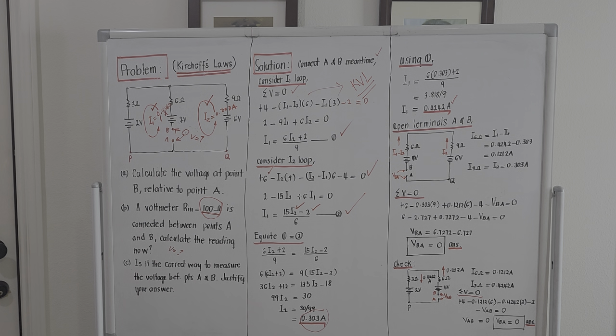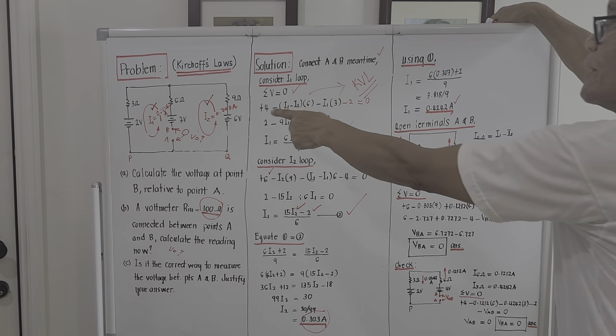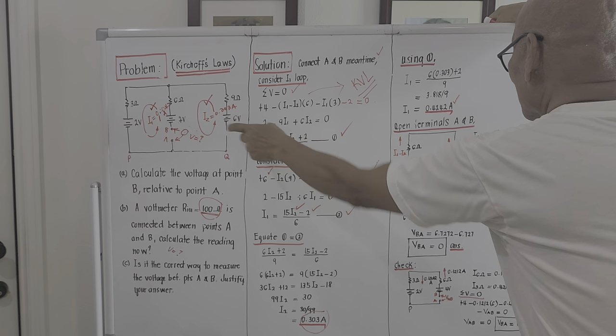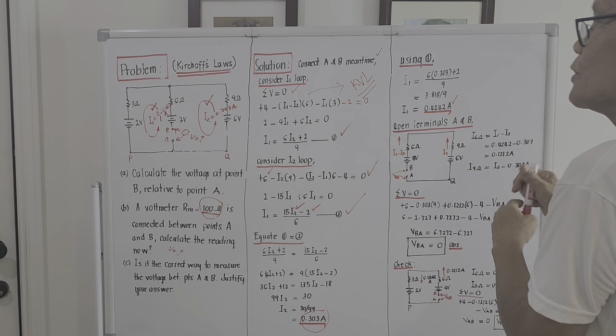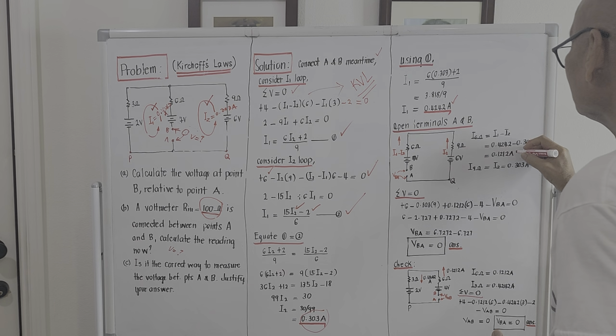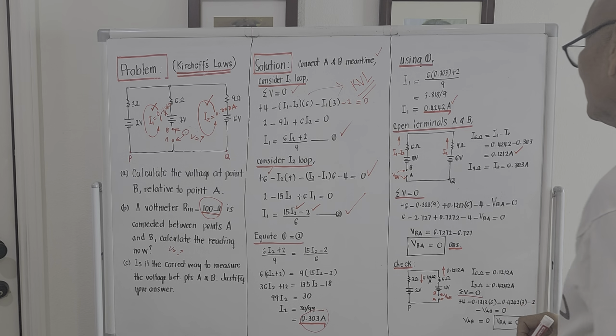If we simplify the right-hand loop, the configuration will be this. The current passing through the 9 ohm load is just pure I sub 2, and that is actually 0.303 amperes.